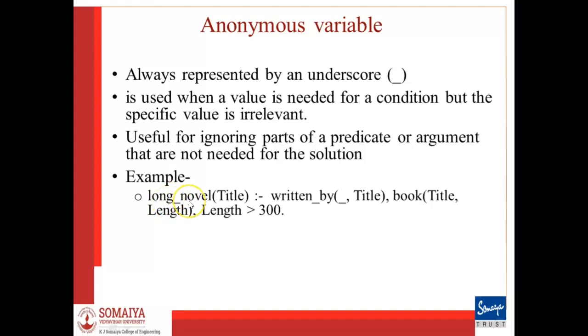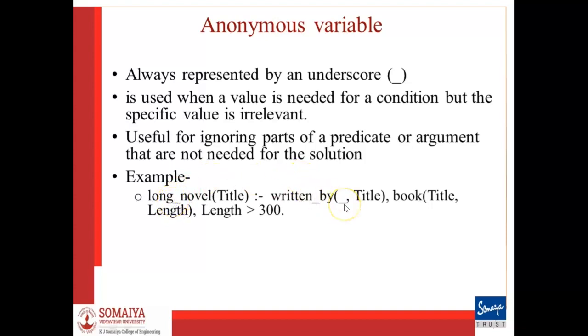How can we define if a novel is long? The rule would be true when there is a novel written by somebody and has a title. The book has a title and the book has some length and the length is more than 300. Over here, we are interested in knowing which title is a long novel.